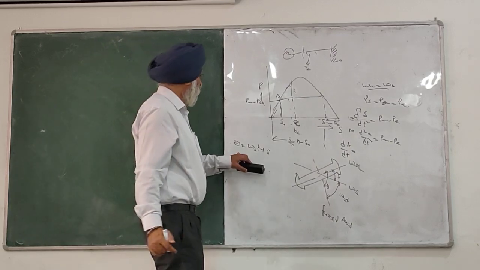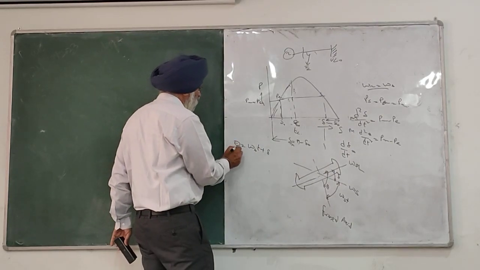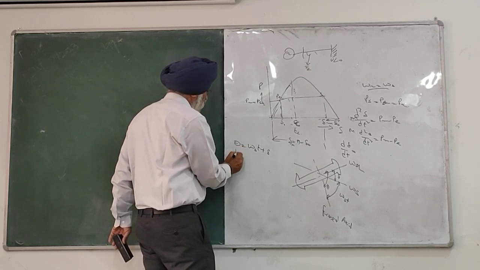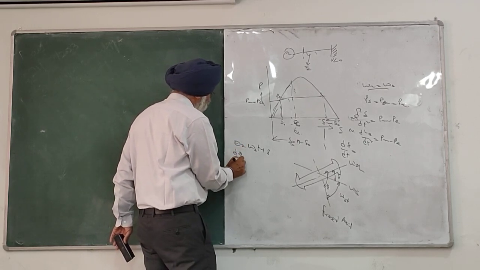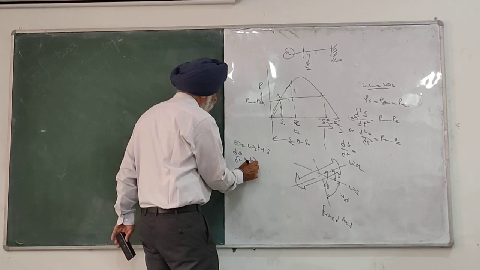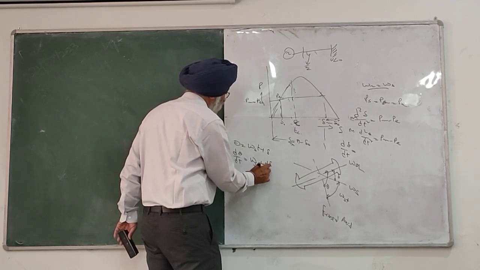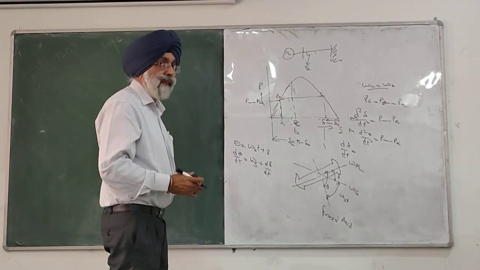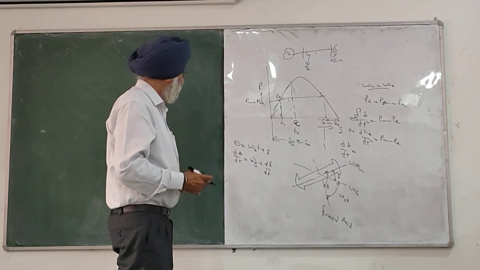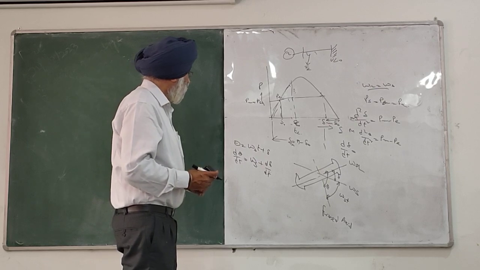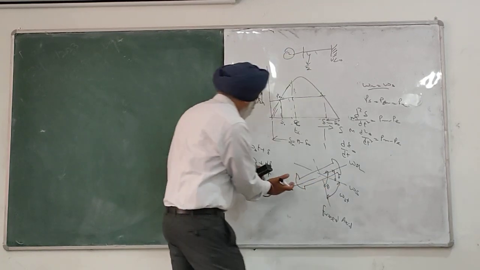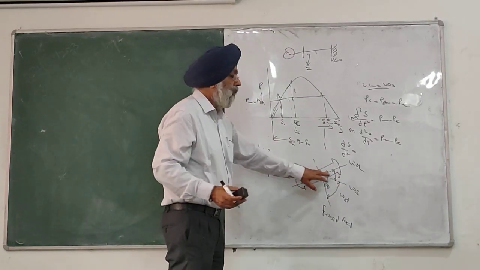If you take the first derivative, d theta by dt is equal to omega s plus d delta by dt. In case of a disturbance, we have some change in velocity.